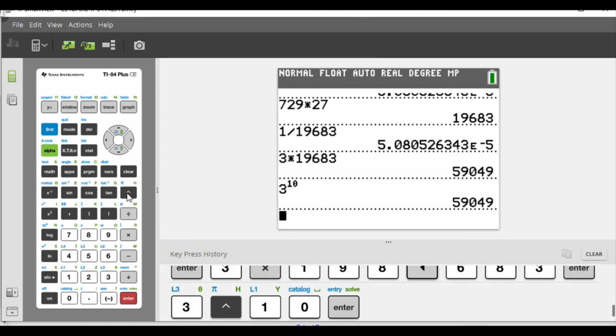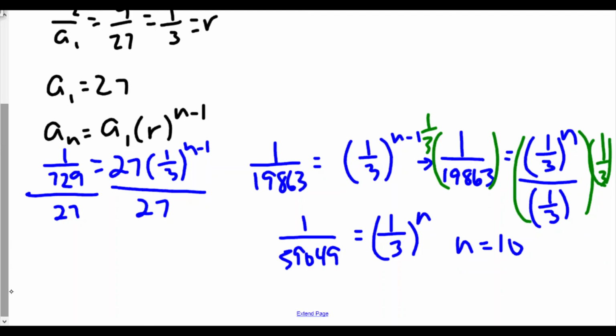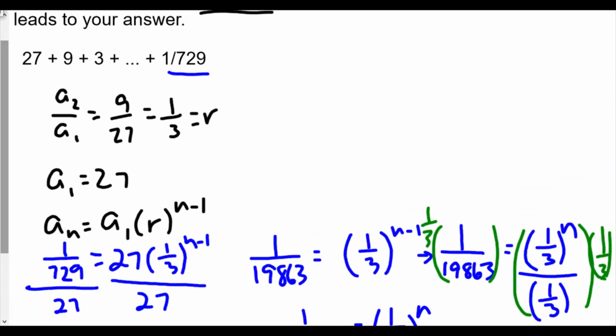It worked out perfectly. All right, so n is equal to 10. Now, you might be saying, well, how can I do this without guessing? Is there some type of formula? You could take the log of both sides, and you would end up getting 10 as your answer anyway. So n equals 10. So there you go.